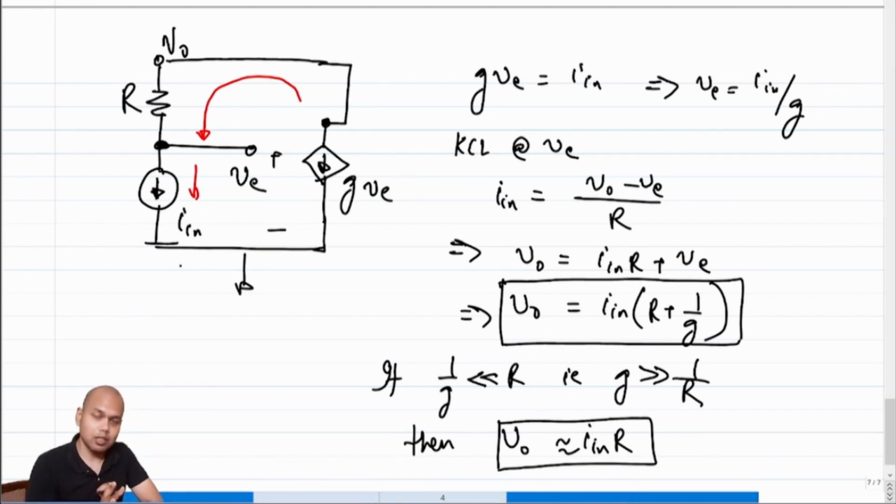But hold on, we haven't yet established whether the input output resistance criteria are satisfied, right? So let's do that next.